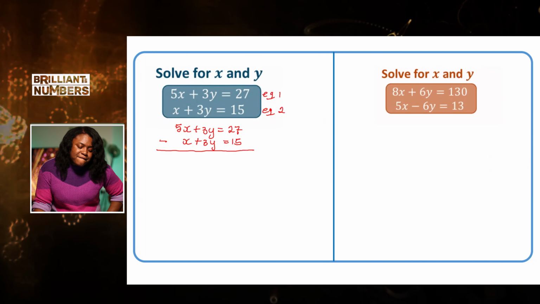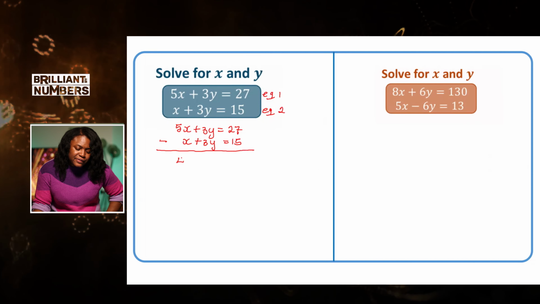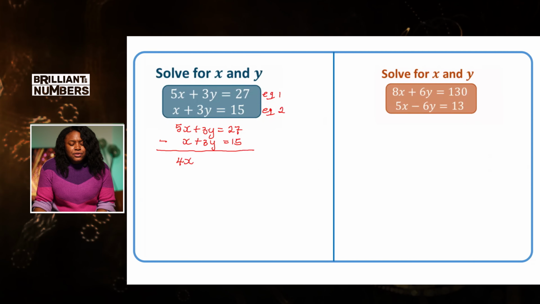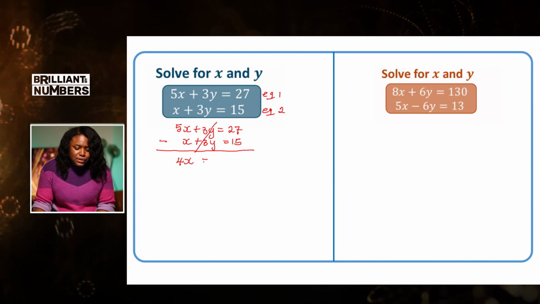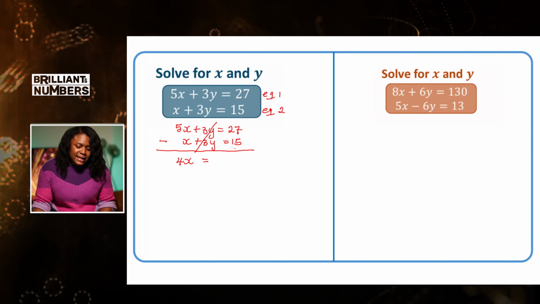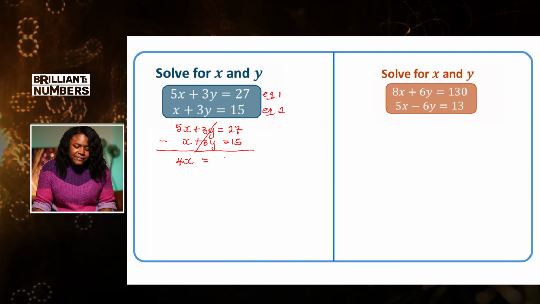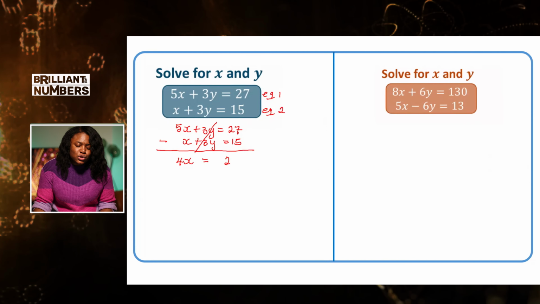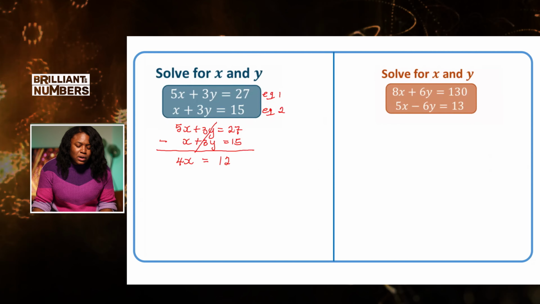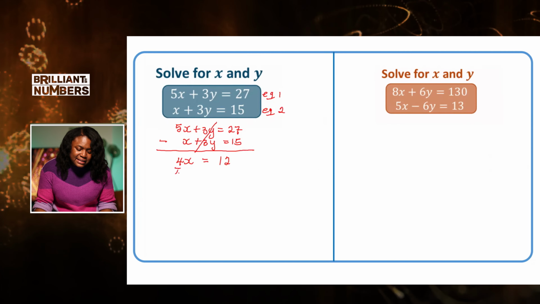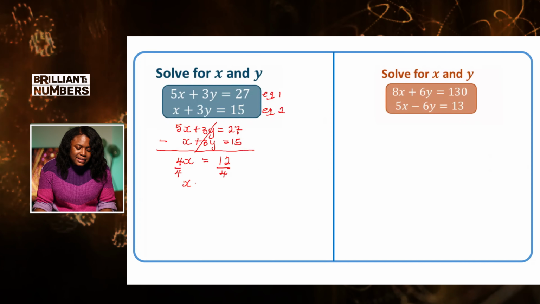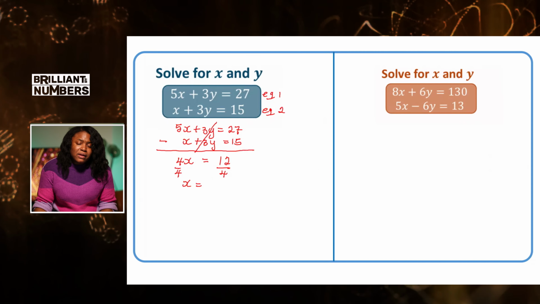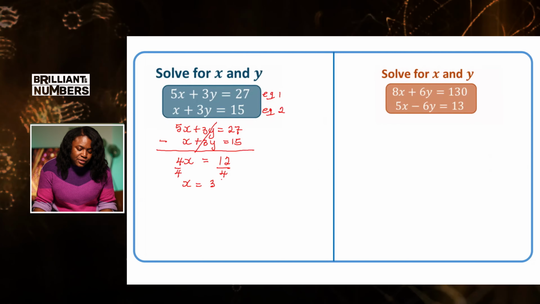So let's go. 5x take away x gives me 4x, and 3y take away 3y cancels out to 0, and that's equal to 27 take away 15, so 7 take away 5, that's 2, and 2 take away 1, that's 1. So that's 12. So now to get x, I need to divide by the coefficient, which is 4. So x then is equal to 12 divided by 4, which is 3.